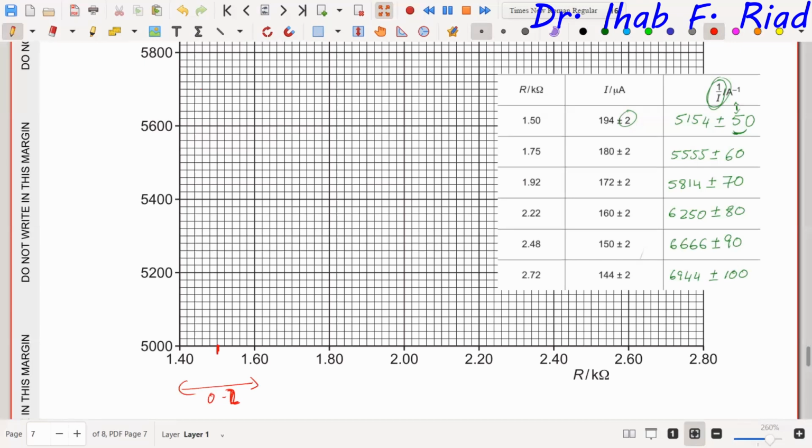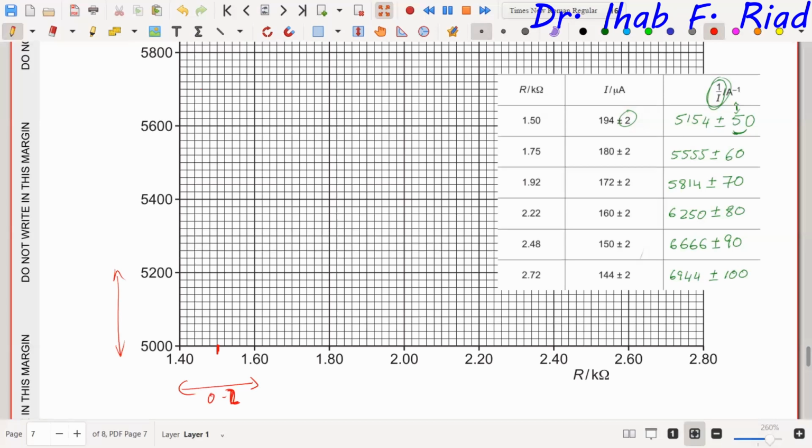What about 5154? How to do that? They are separated by 200, so it is 7 squares.